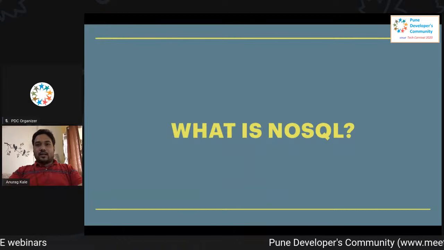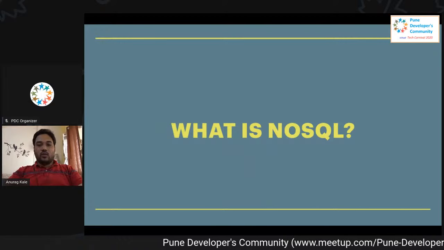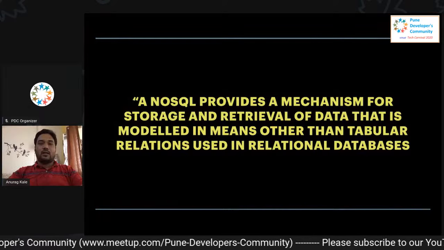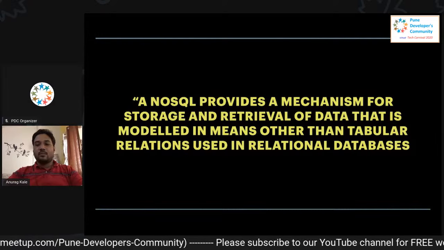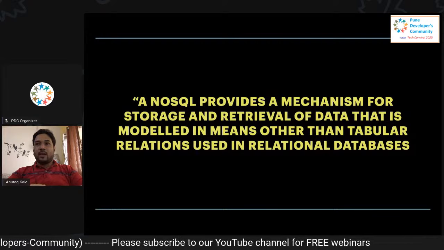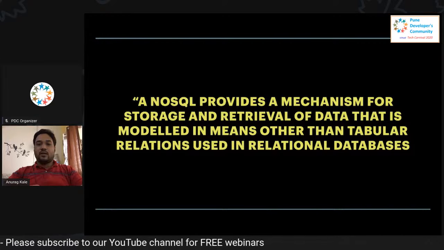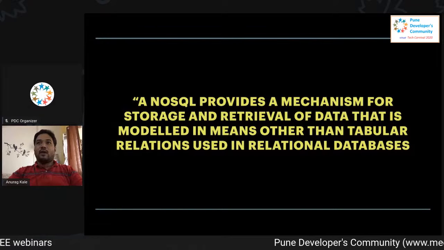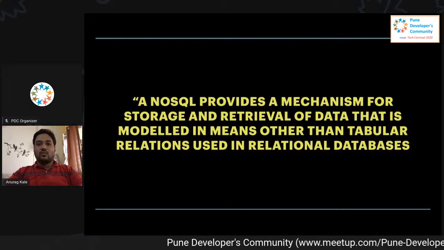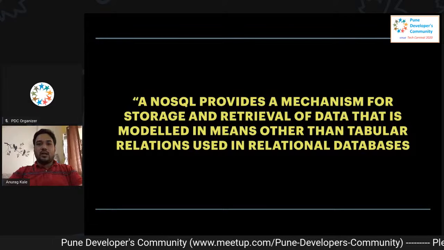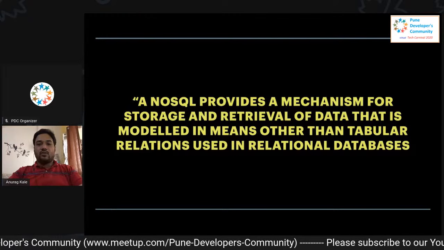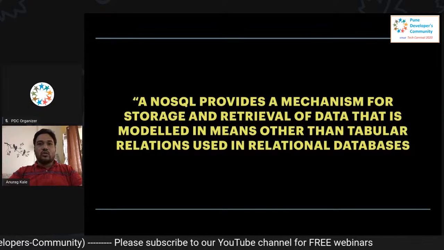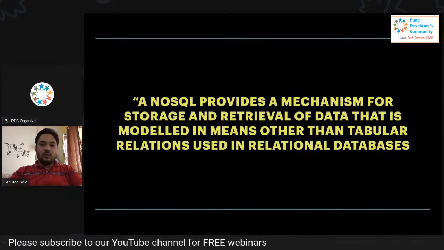Okay, so let's get started. What exactly is NoSQL? If you look at the definition given on Wikipedia, it basically says it's a mechanism of storing data which is other than relational databases. It's a very vague definition, and it has led to basically anything that did not use relational types of storing the data being called NoSQL.